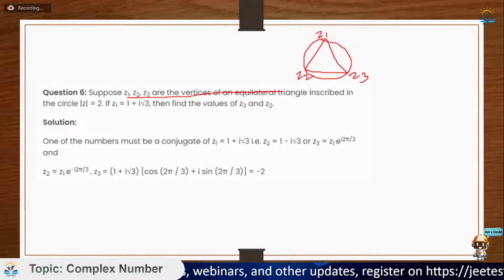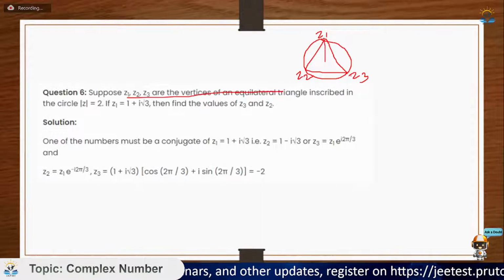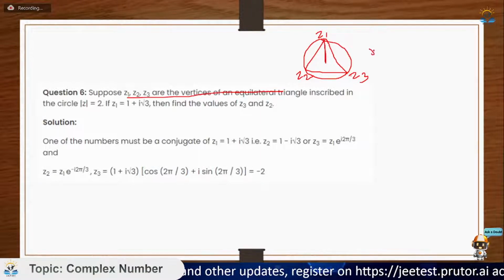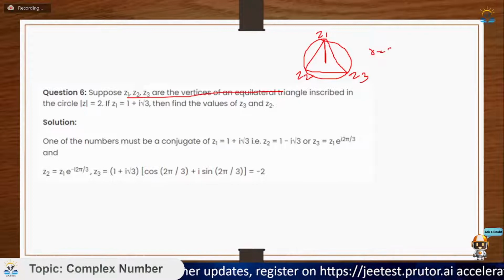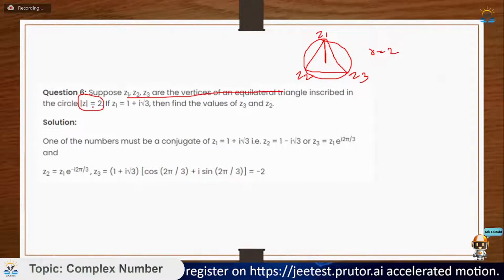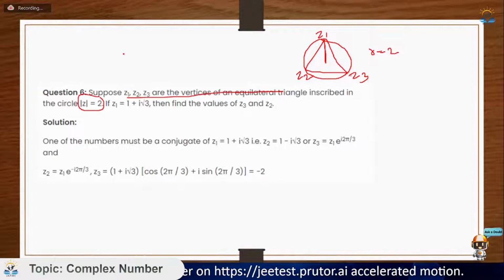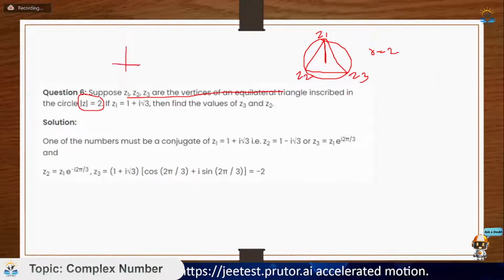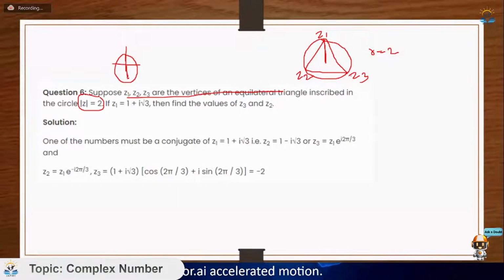So this thing is your circle, and this radius is equal to 2. Mod z equal to 2 represents a circle where the value of mod z is the value of the radius. If this is your Argand plane, then mod z equal to 2 is something like this. This distance is equal to this distance is equal to this one, and this is equal to the radius, which is equal to mod z.